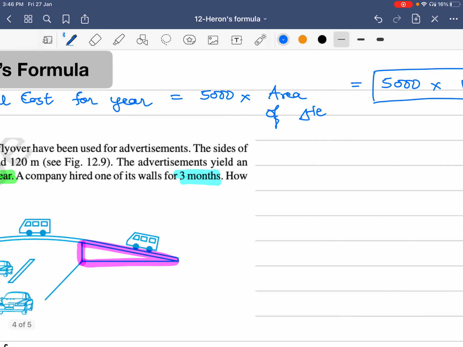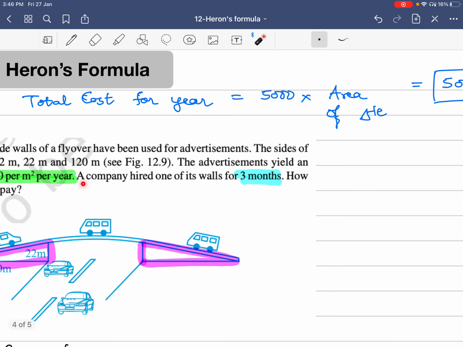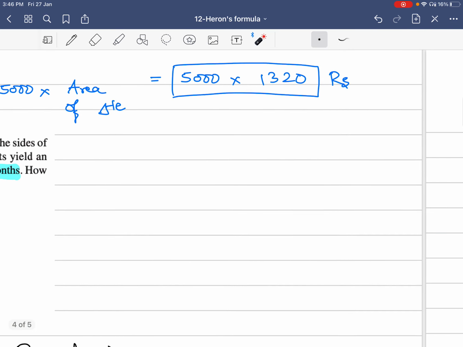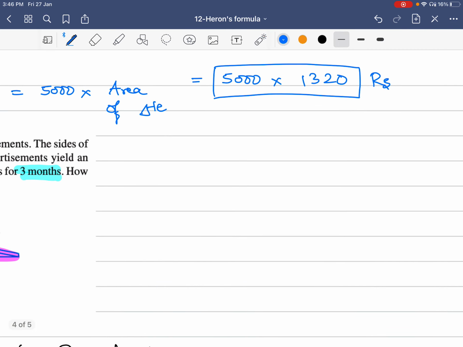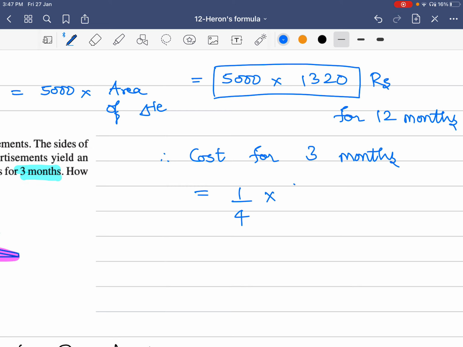Now let's come back to the problem. A company hired one of its walls for 3 months. This is the total cost for 12 months, for 1 year. Therefore, the cost for 3 months will be equal to one fourth of the total cost, which is 5,000 into 1320.